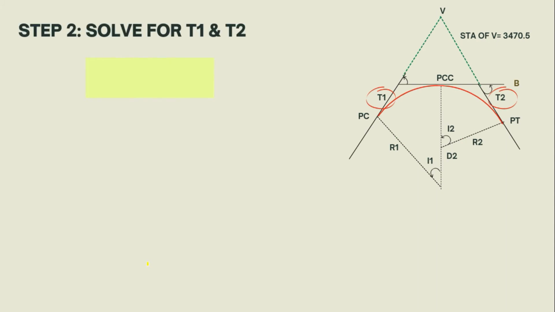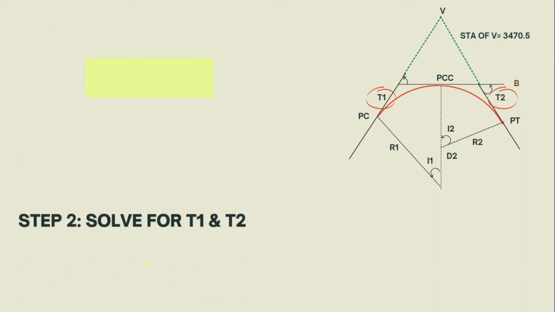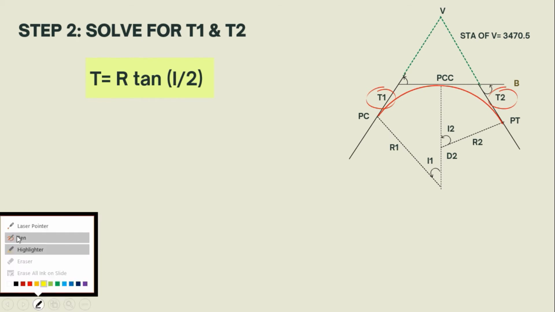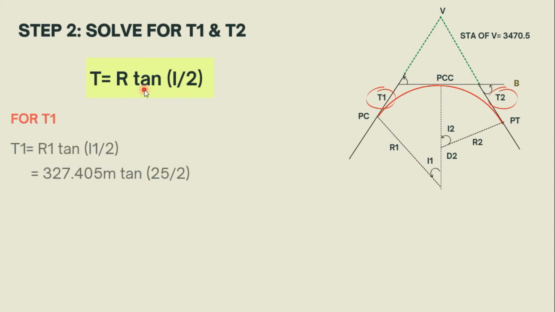The next step is to solve for the length of the tangent distance of the first and the second curve. For T1, the formula is R1, the radius, times tangent of the central angle over 2. So for T1, you just substitute the value of radius 1 and the central angle of the first curve.